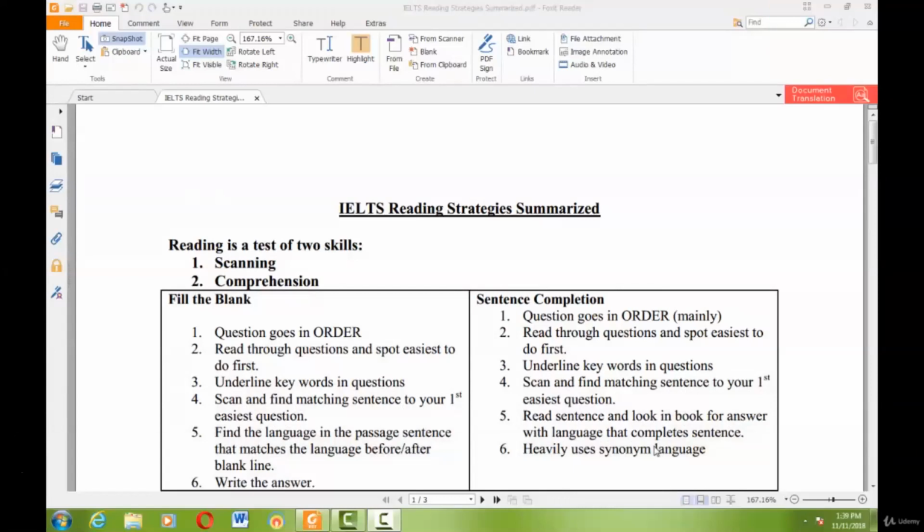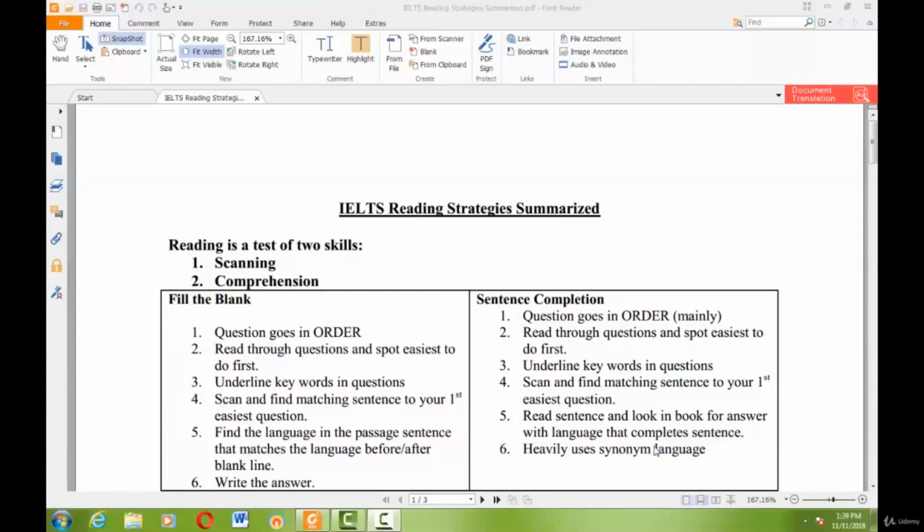As I've told you before, or you may have heard before, the reading strategies for the academic section and the general section are actually the same. So if you are coming over from the academic side to watch some of these videos, the strategies being talked about are actually really, really good.